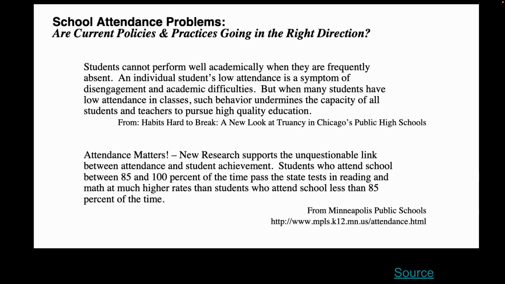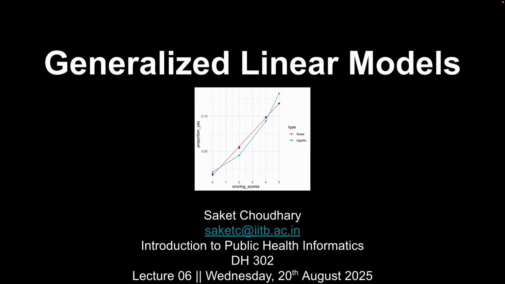You should definitely look into it: Habits Hard to Break, a new look at truancy in Chicago Public High Schools. Students cannot perform well academically when they're frequently absent. Whether it's true or not, you are the best judge, because whatever works for you is good, right? So I'll stop there. We will revisit.